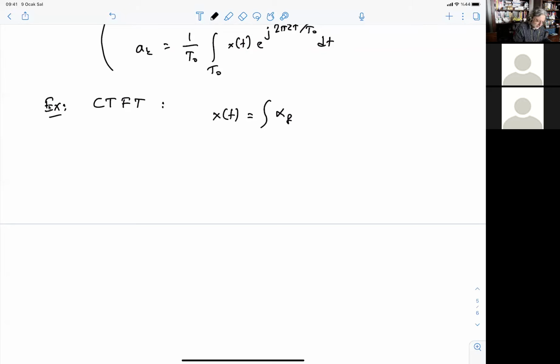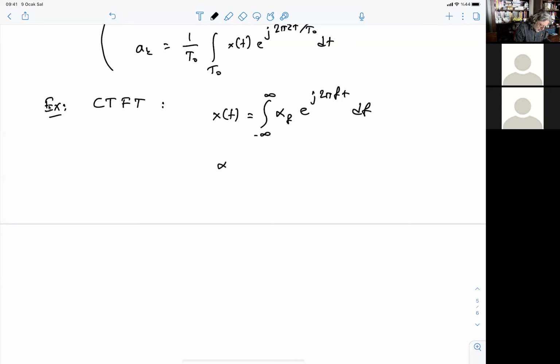So alpha(f) times e to the j 2 pi f t df. Here the basis signal is e to the j 2 pi f t, so it is phi_f(t). The integration is an infinite integration from minus infinity to plus infinity, so it's the most general way of putting things.